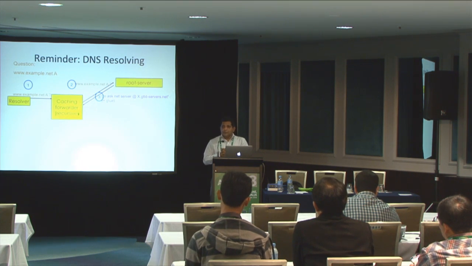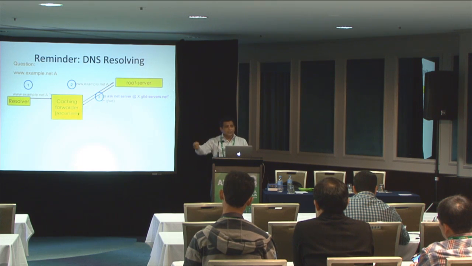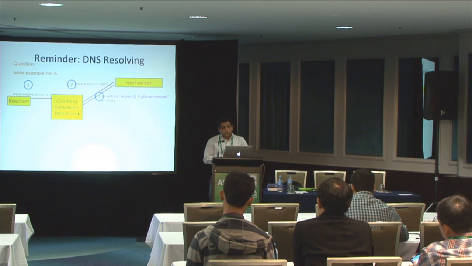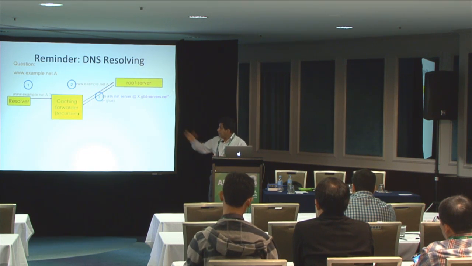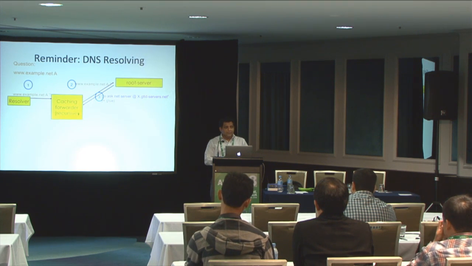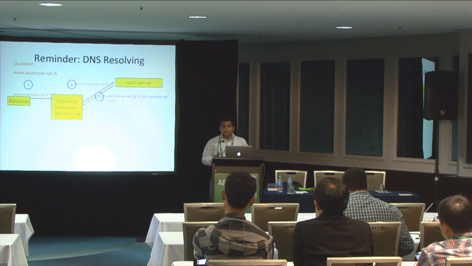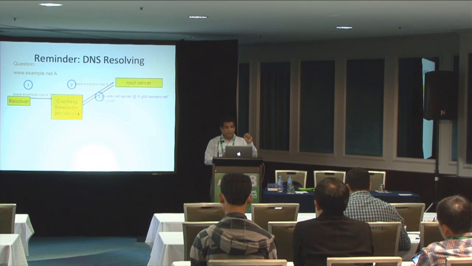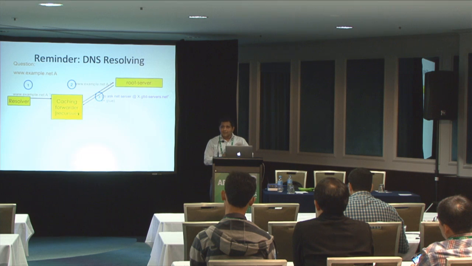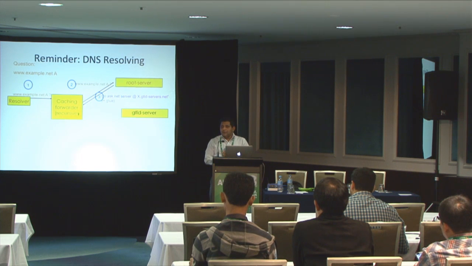The root server has a delegation to the .NET name servers, so it will give a referral back to the recursive server, saying that the root server does not know the exact answer, the IP address for www.example.net, but it can give a referral to the next level, which is .NET, right?